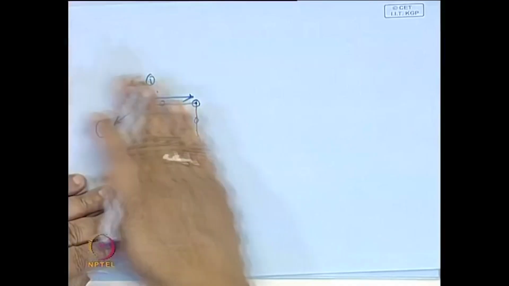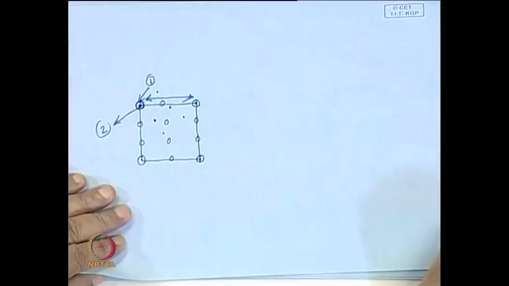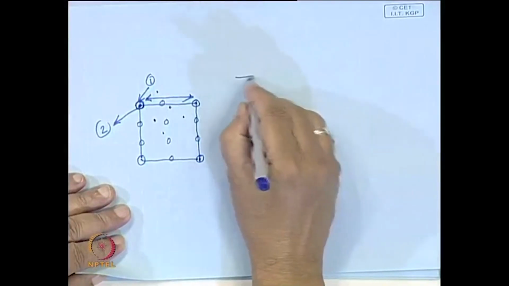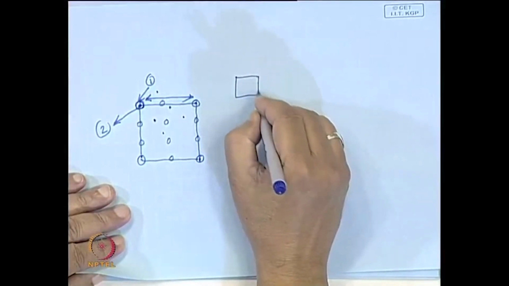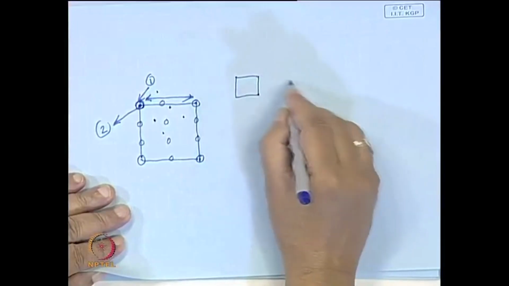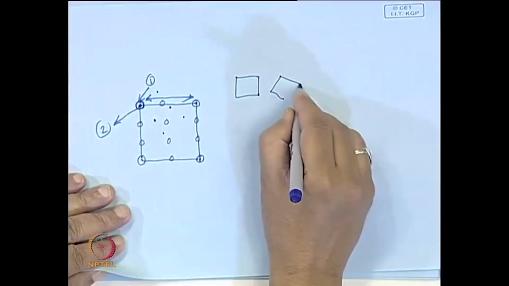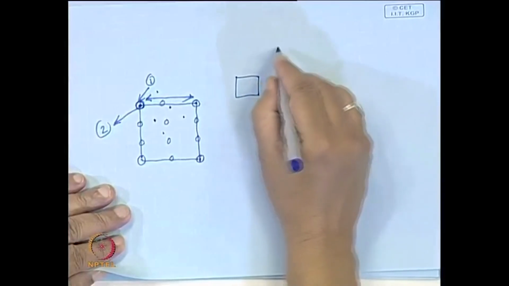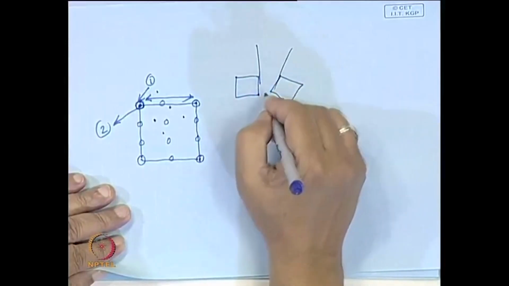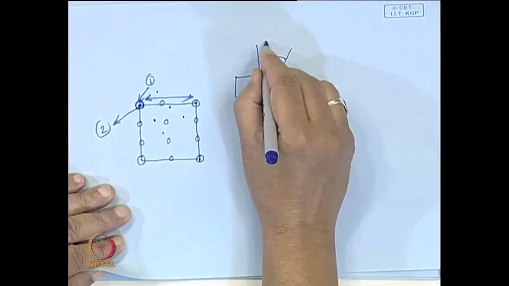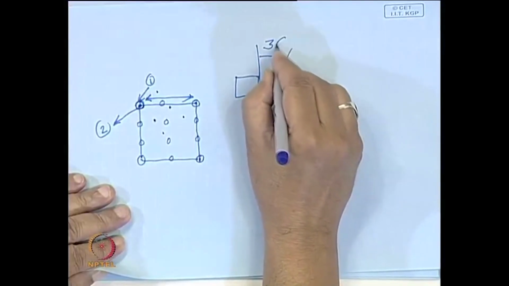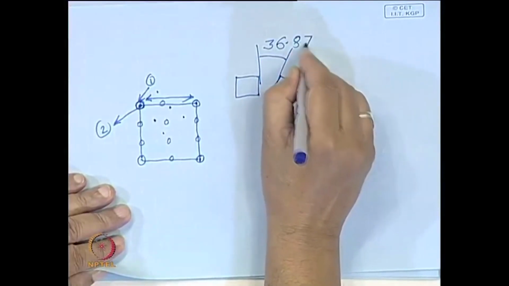This is the planar dimension. In this particular example, I have taken two simple cubic lattices. Both are simple cubic structures, and they are rotated by a particular angle, which is 36.87 degrees.